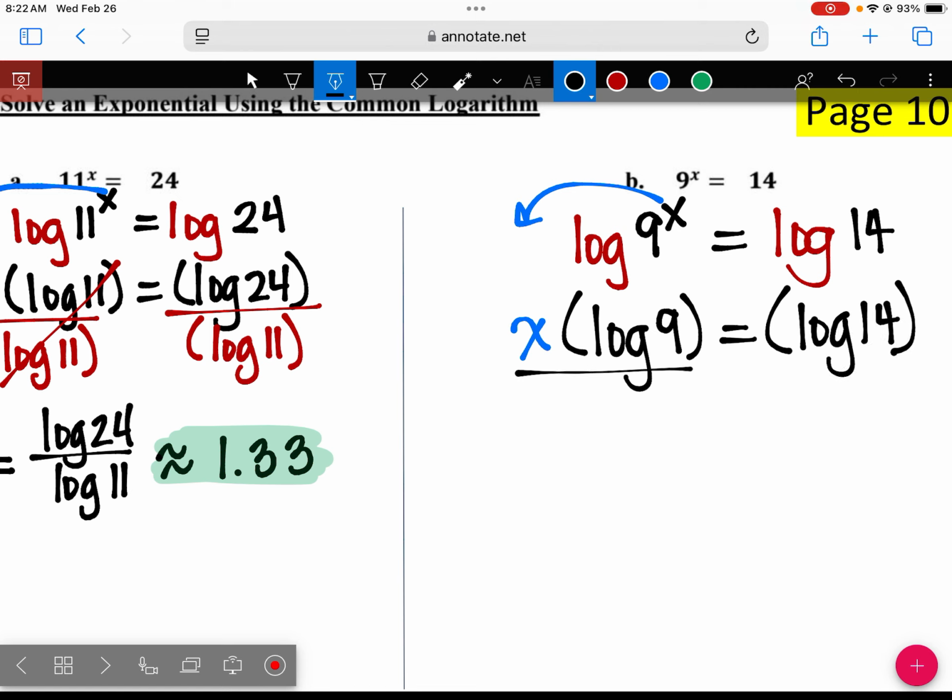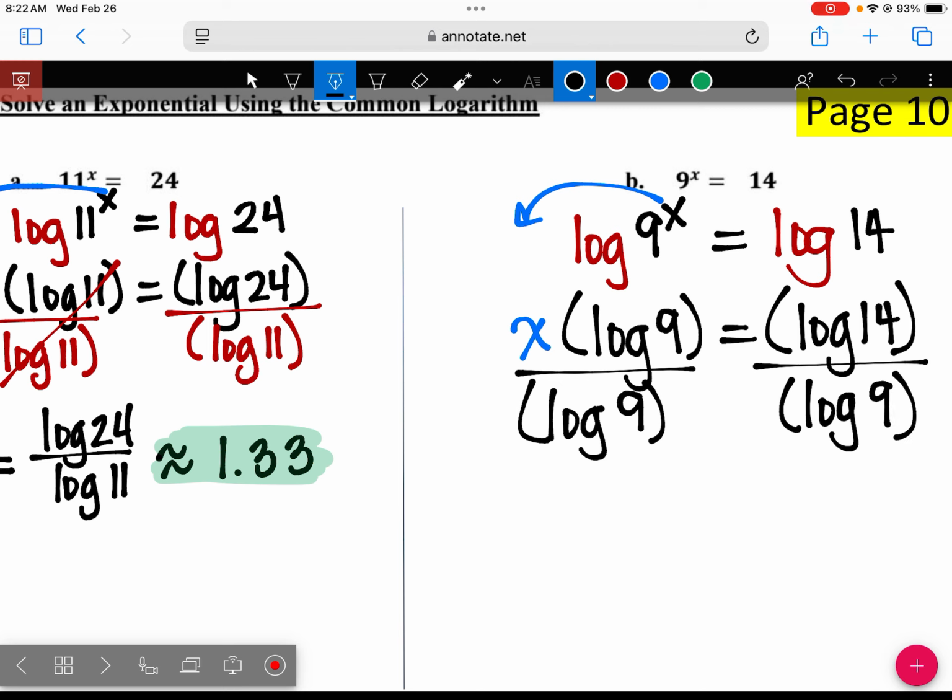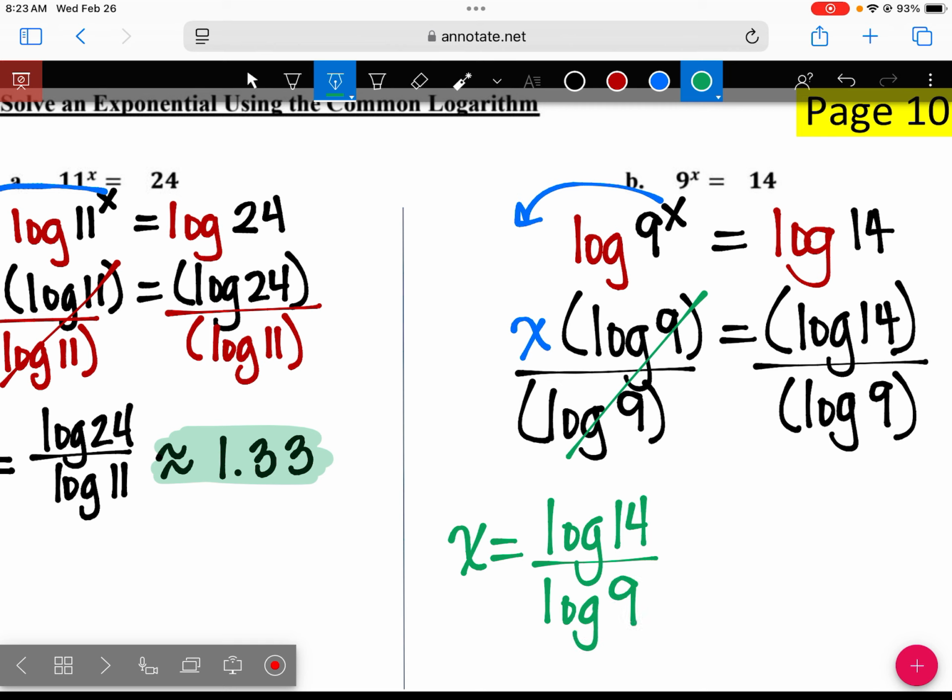And then I divide. So x is going to equal the log of 14 divided by the log of 9, which is approximately 1.2. And that would be your answer.